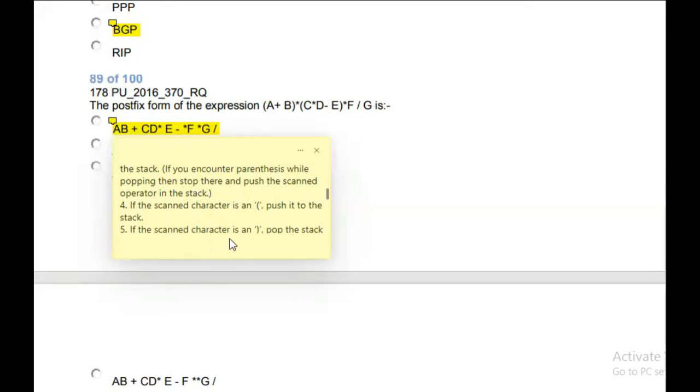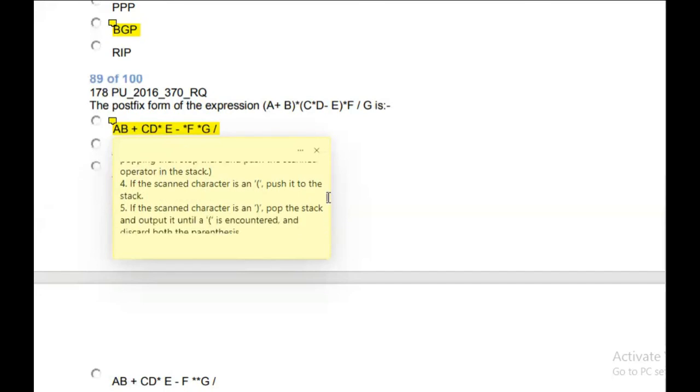If the scanned character is a closing parenthesis, pop the stack. That means if along the way we find an open parenthesis, we push it into the stack, and after that a plus and a minus are pushed into the stack, and after we find the closing parenthesis, then what will we do? We will pop all the operators in between the closing and open parenthesis.